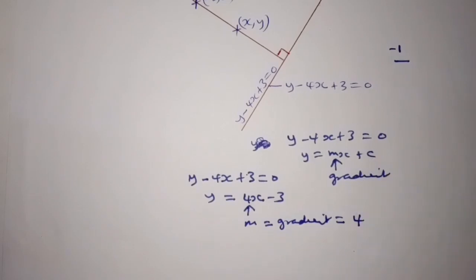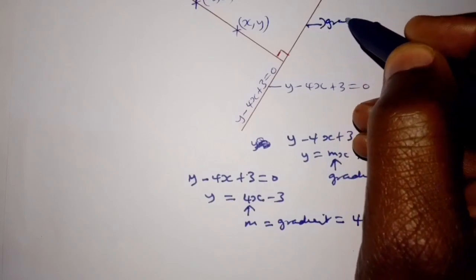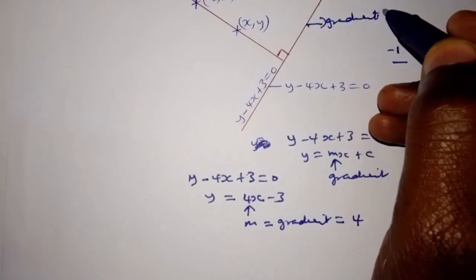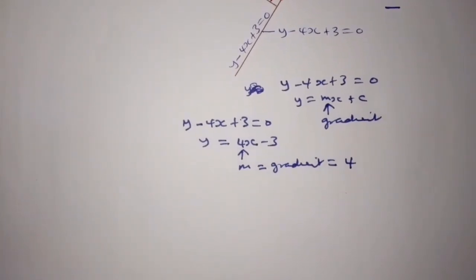So now we can say that the gradient of this line is 4, and the product of the gradients of perpendicular lines is always -1.